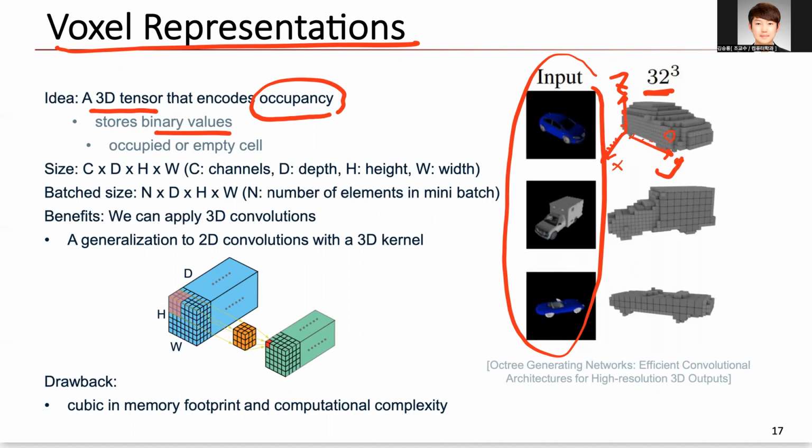The size of our voxel representation is going to be C by D by H by W. C means the channels of each cell, or block. D means the depth, H means height, W means width.